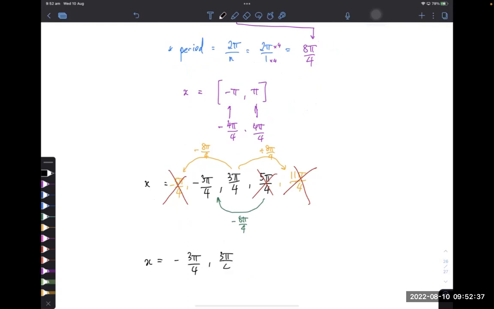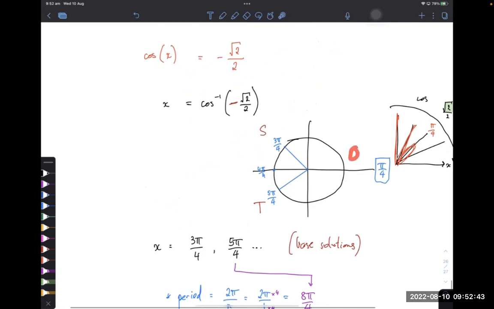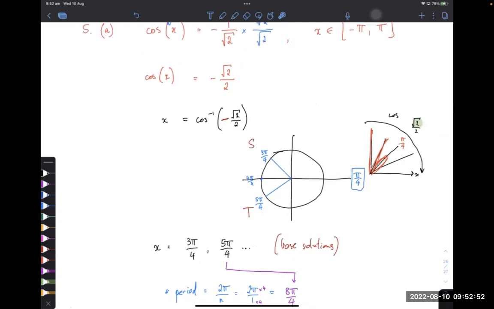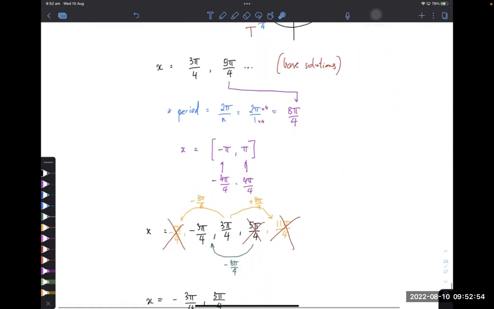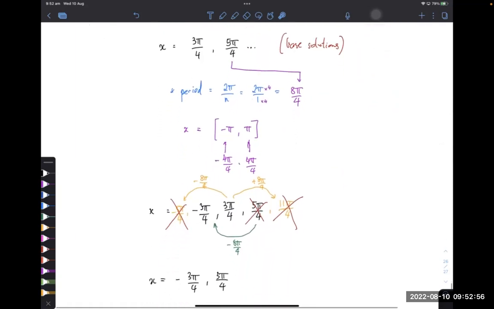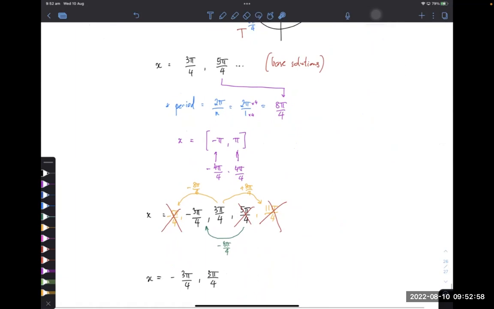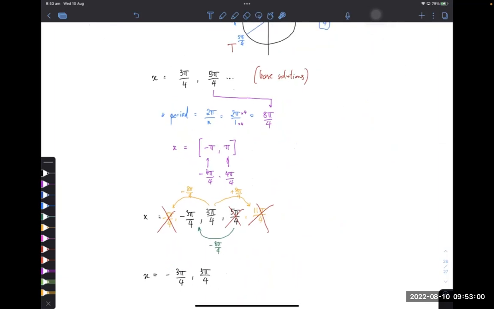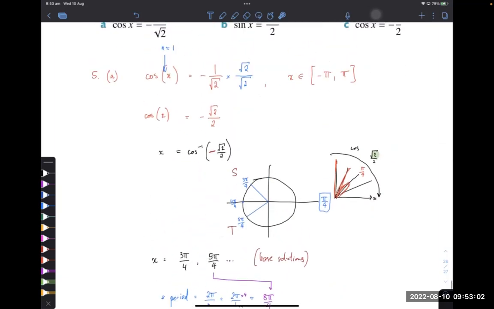My question to you then is, is it better to have it between 0 and 2 pi, or negative pi to pi? So you want to switch it up?